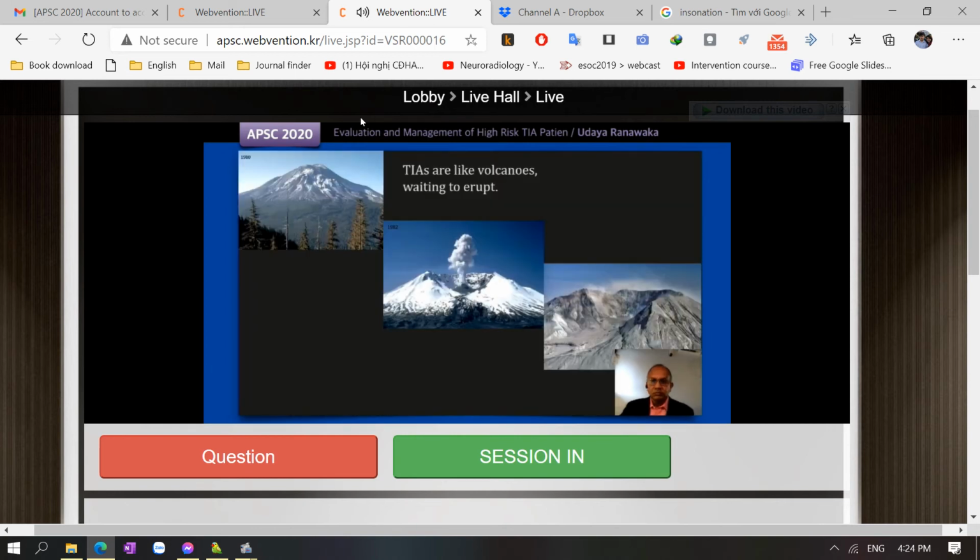So ladies and gentlemen, I hope you would agree that TIAs are like volcanoes waiting to erupt as strokes. And early evaluation and management of TIAs can significantly reduce the risk of these strokes and reduce the risk of death and disability, the large craters in patients and their families.